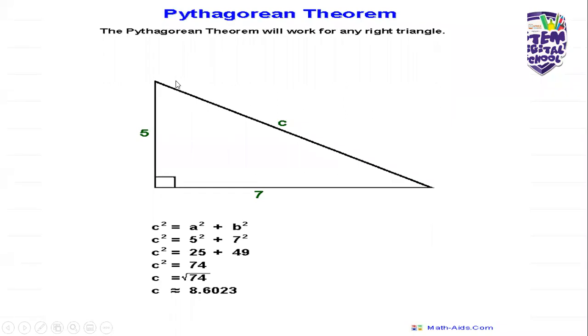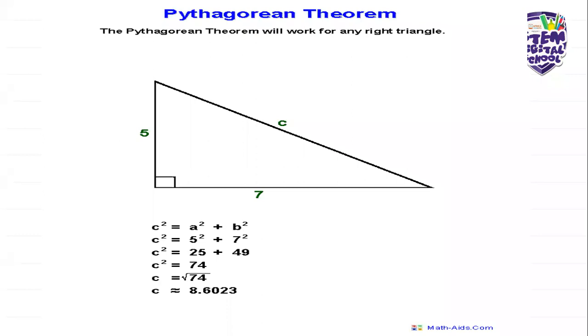And what is important is to substitute correctly, because the two other sides will constitute square numbers. For instance, 5 squared is a square number, and 7 squared as well. So 25 is a square number, and 49 is also a square number. When you add 25 and 49, you get 74.